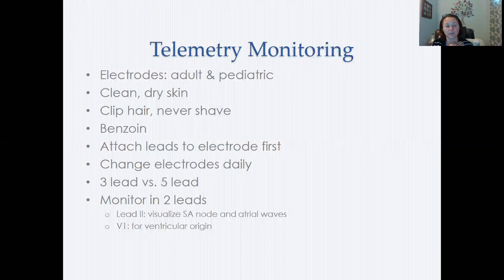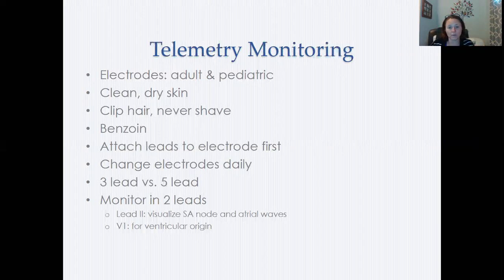So if you attach it to your client first, and then you're having to push that lead, is what we call it, the lead or wire onto the patient, that can be kind of uncomfortable. So attach that first. The electrodes need to be changed daily. They have a little moisture pad in them, and they kind of get dry, and connectivity can decrease. So we need to change those electrodes daily to make sure we've got a good visual.